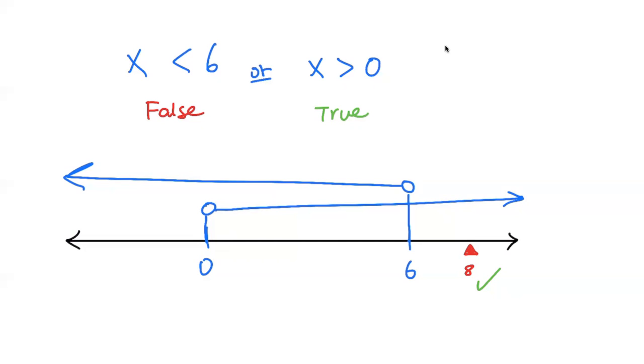How about this? Let's say 4. Can x be 4? Let's take a look. Is x less than 6? Yes, it is. Is x greater than 0? Yes, 4 is also greater than 0.